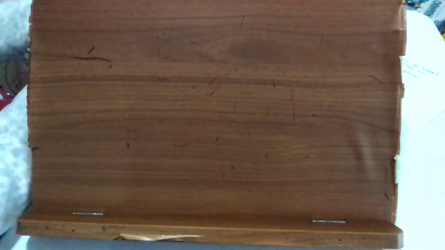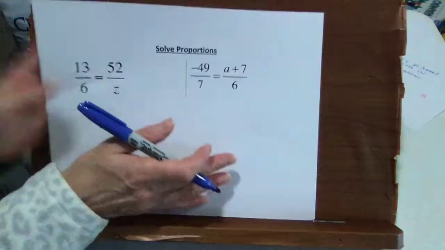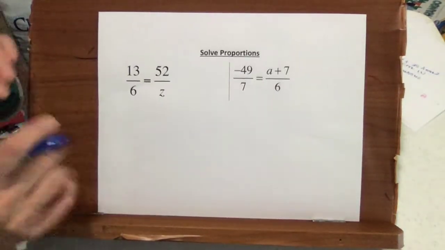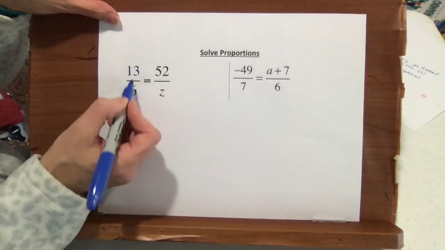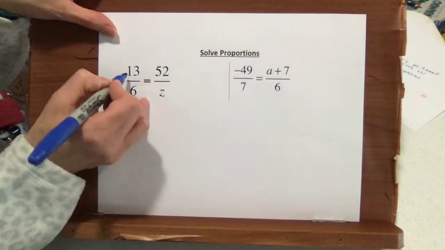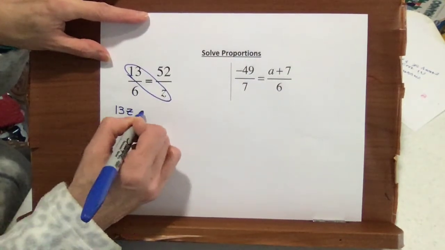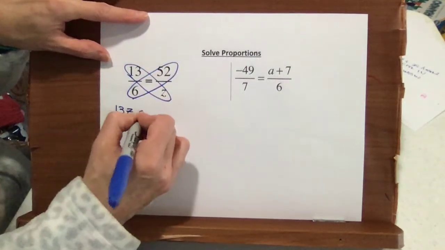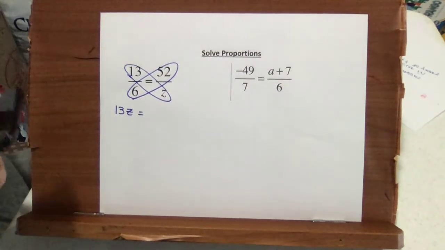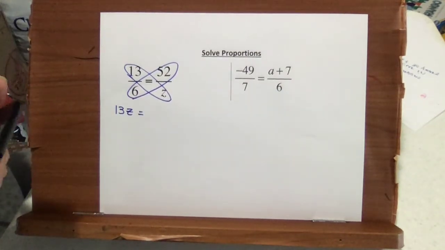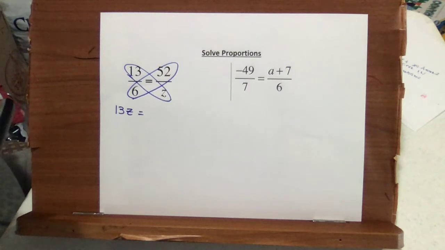All right, now looking at the examples on your worksheet, you've got 6 problems. We're going to go through pretty quickly. 13 over 6 equals 52 over z. Cross multiply: 13z. Cross multiply: 52 times 6. You'll need a calculator for some of these, but you can also check in your head.